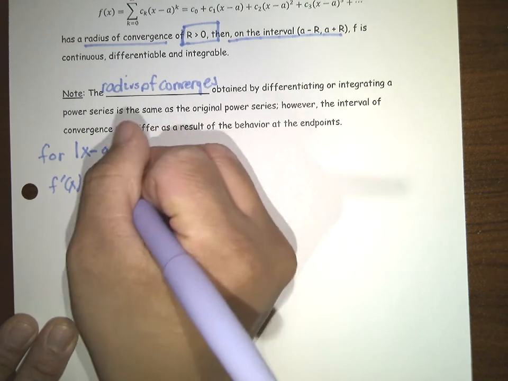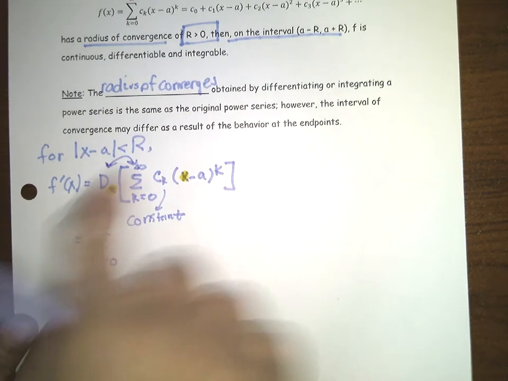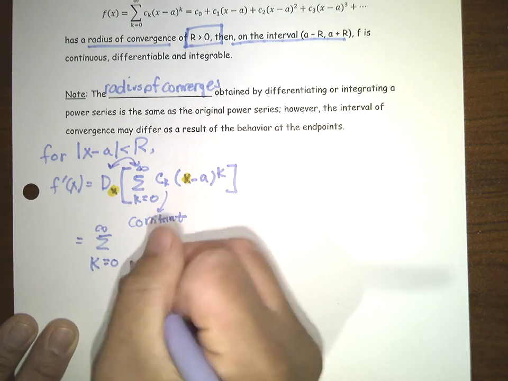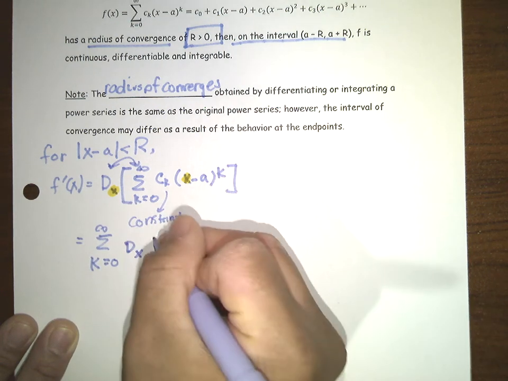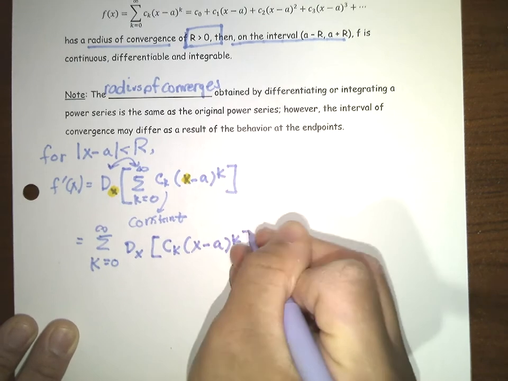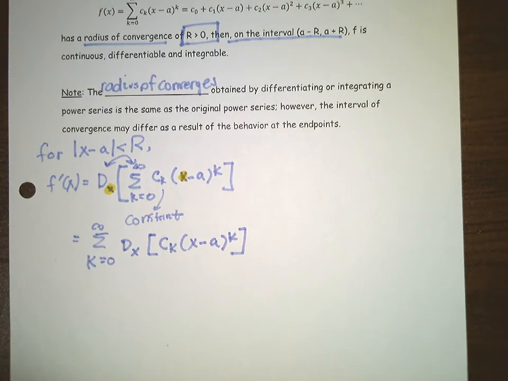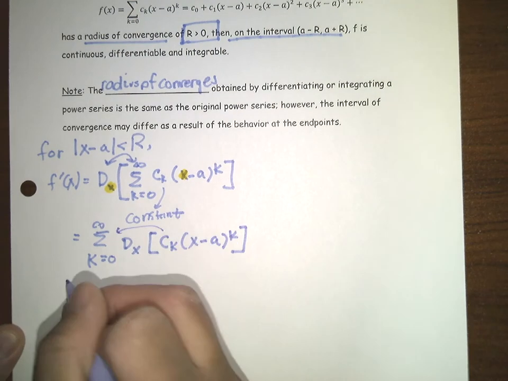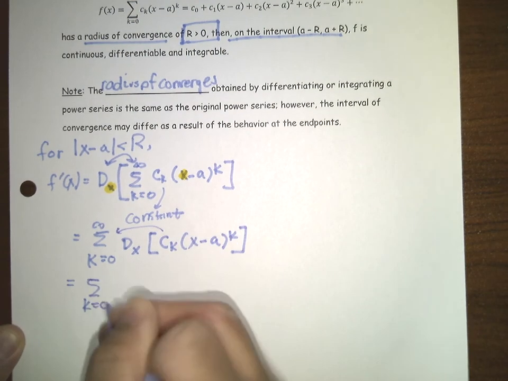Now I can actually interchange these, or bring the derivative inside and just take the derivative of the terms. So the derivative with respect to x of ck times (x minus a) to the k, and then because ck is a constant, I can bring that out in front of the derivative.